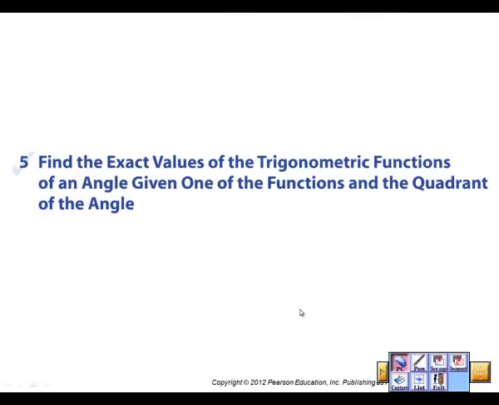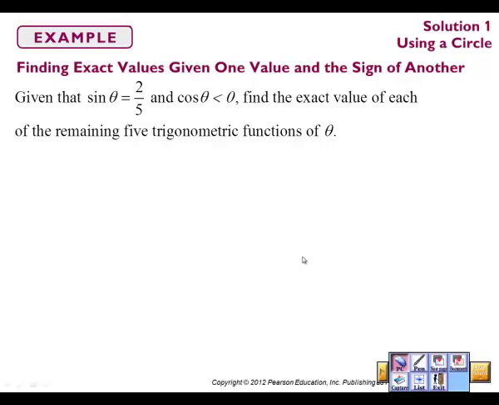Okay, find the exact values for the trigonometric functions of an angle given one of the functions and the quadrant of the angle. Okay, here we're given sine of 2 over 5. Now notice that this value is positive.